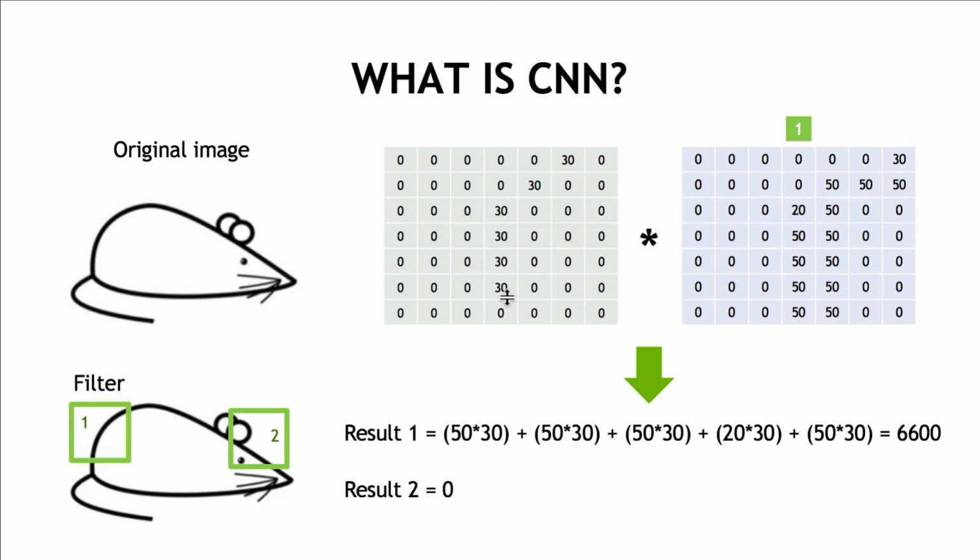The pixel matrix here multiplies with our kernel matrix, and the output value is 6,600. When we move the kernel to region 2, the output is 0. So finally, after the kernel finishes scanning the whole image, the highest output value will be out of region 1, which is the curve we want to detect.